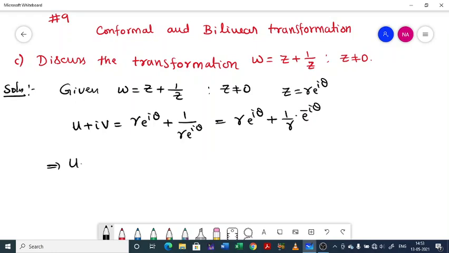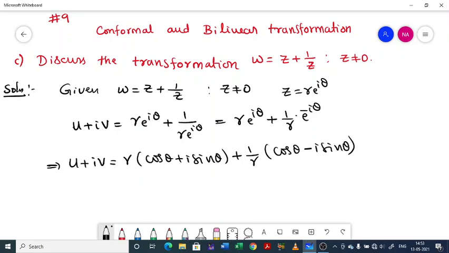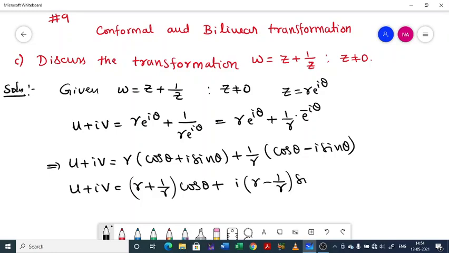So this can be written as U plus iV equal to R into (cos theta plus i sin theta) plus 1 by R into (cos theta minus i sin theta). Separating real and imaginary parts, U plus iV equals (R plus 1 by R) cos theta plus i (R minus 1 by R) sin theta.